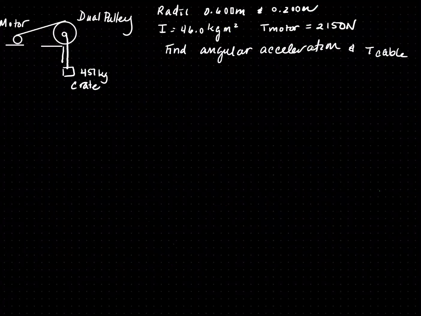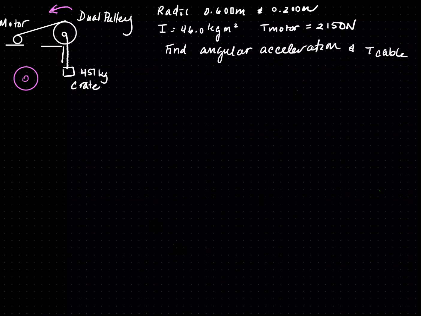Pause the video and see if you can solve this problem on your own. We have a pulley that is pulling up a mass of 451 kilograms. So it's rotating in this direction. This is a dual pulley. A dual pulley means there is a bigger pulley, and within the bigger pulley there's a smaller pulley.